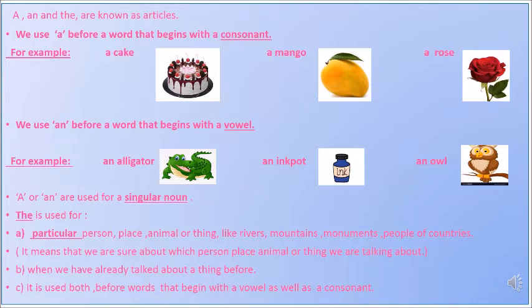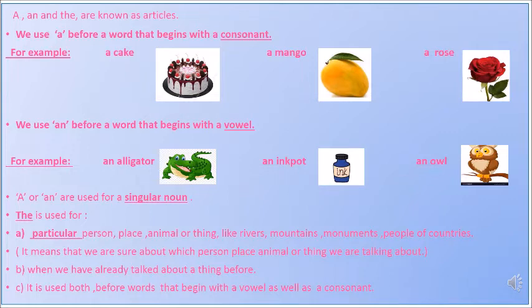Particular means that we are very sure that we are talking only of this person, or this book, or this mountain, this river. So when we are talking in particular about something, then we use the word the. And we generally use this word the when we talk of rivers, mountains, monuments. Monuments means buildings, historical buildings like Qutub Minar, Taj Mahal, Red Fort.